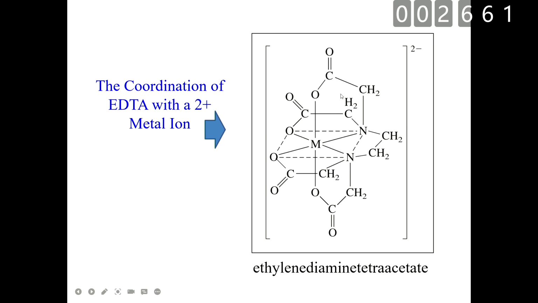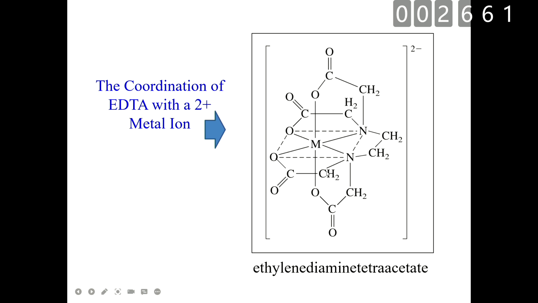So in this molecule, there are two nitrogen atoms, and also it has 4 acetate groups. Each acetate group can provide one oxygen to form the covalent bond with the metal.